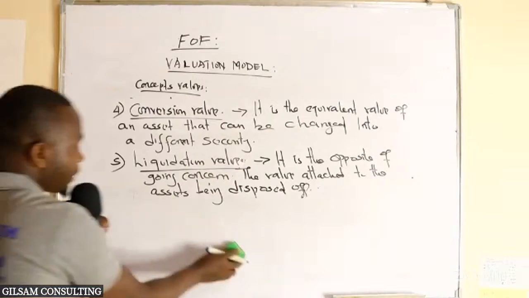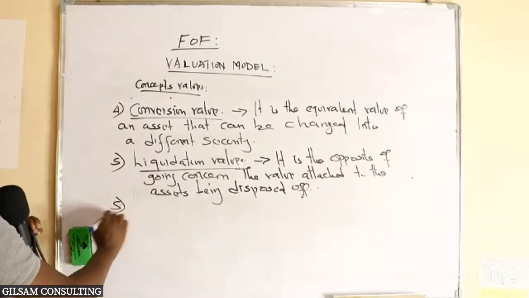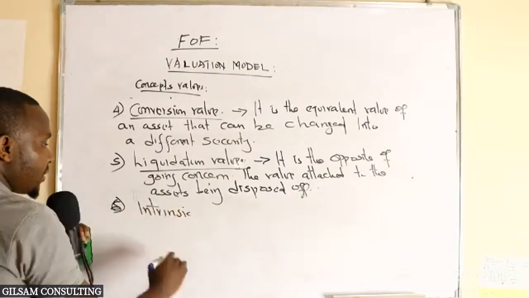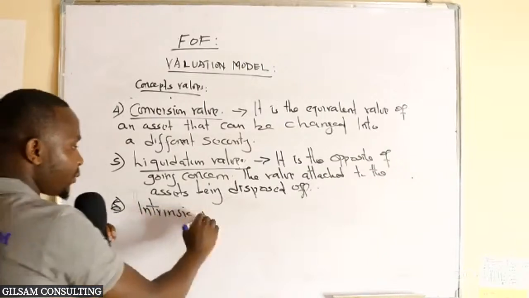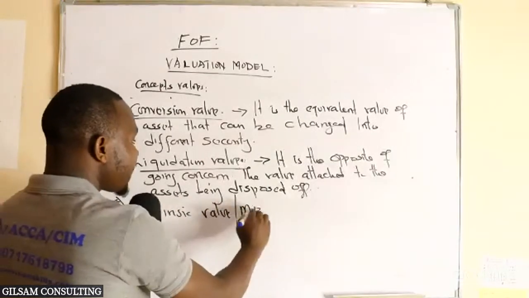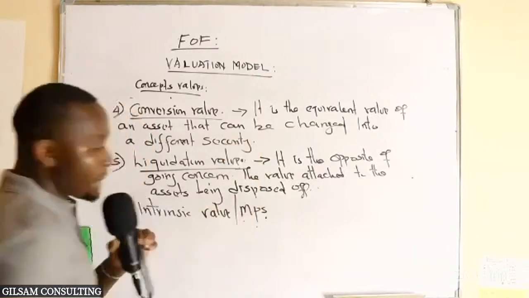Then the last one, we have what is called intrinsic value. Another name for intrinsic value is MPS, market price per share.